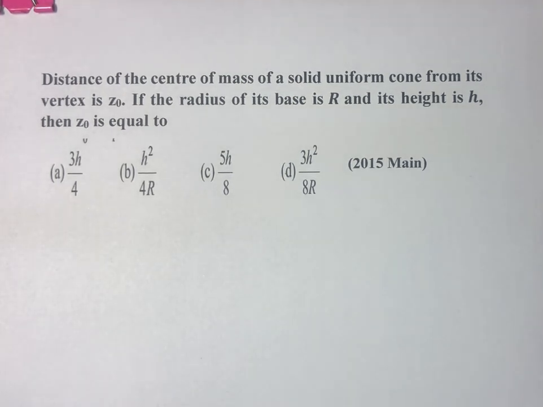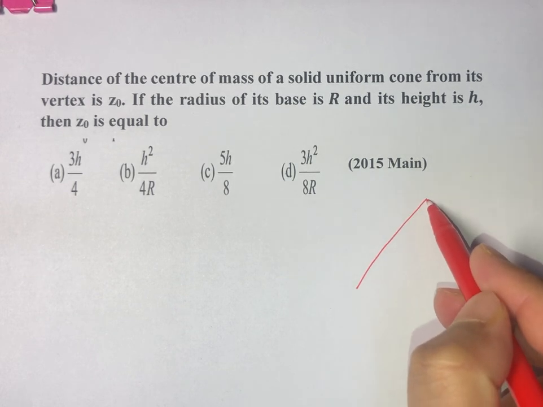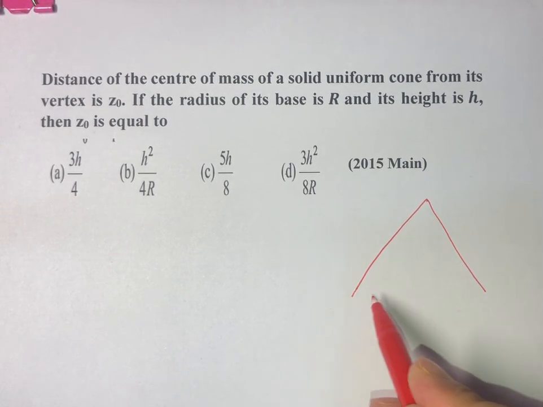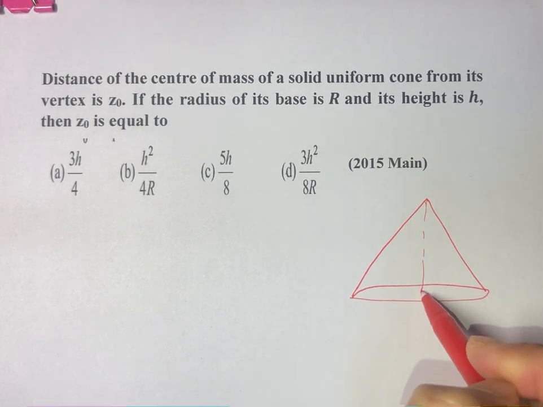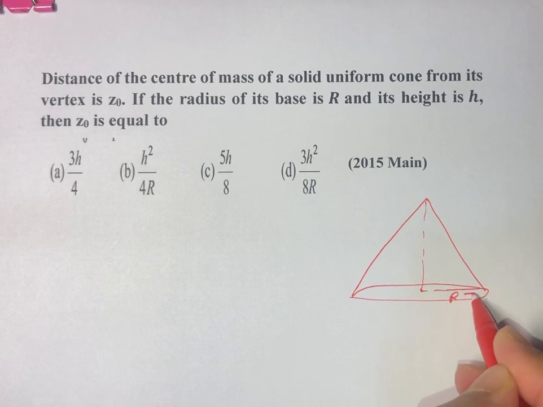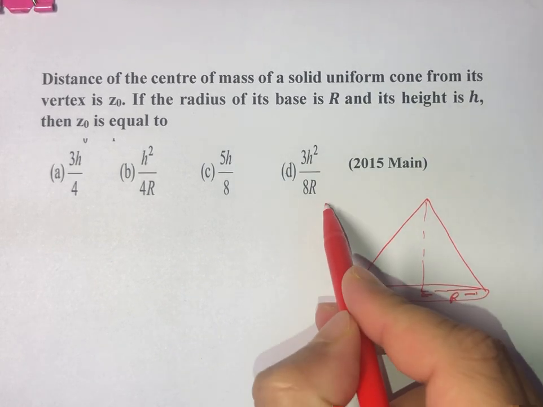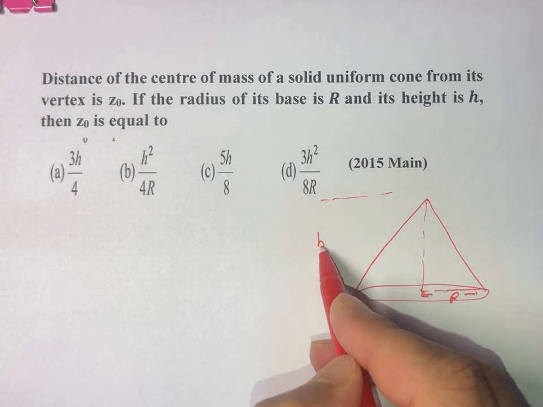So it is given that there is a solid uniform cone. Let us draw a uniform cone. It is given that the radius is r and its height is given as h.